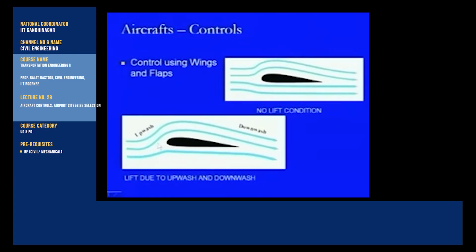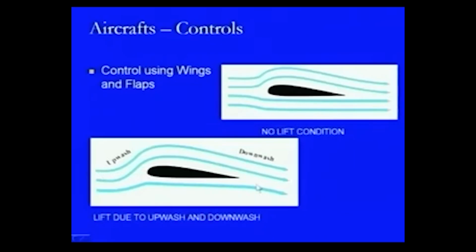What happens is that with the angle of strike at this location, the air is striking at this one. So, if this aircraft is going in this direction, there is an angle of strike with respect to air, and due to that angle of strike, as the air strikes on this wing in this direction, it gets lifted, it gets separated from the wing surface, and it goes in the upward direction like this.